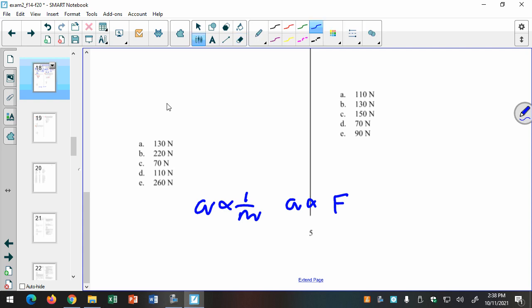And then he put these two proportionalities together to say that A is equal to F divided by M. Newton's law is important to you, especially if you're pre-med, you see it on the MCAT, or even if you go into medicine or physical therapy. These things are really important to your graduate studies.